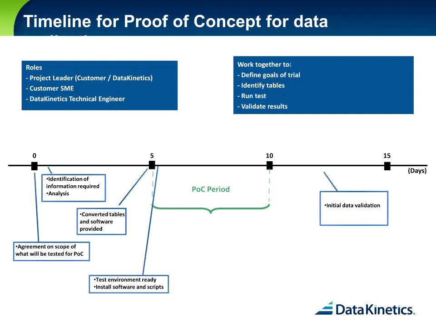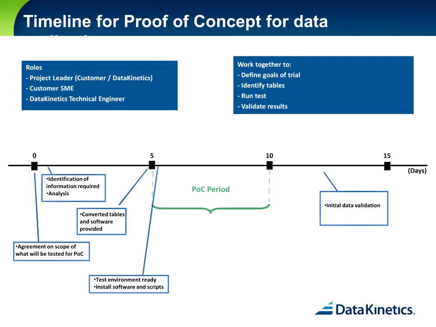Typically, it takes about 5 working days to get the converted tables and software provided, the test environment set up, and install the scripts in the test system to go ahead. There's then the actual proof of concept period where you're proving this in, and then there's another 5 days of testing and validation of the data replication process.